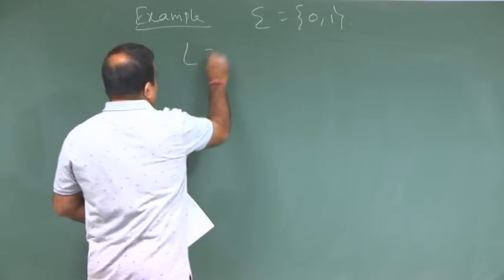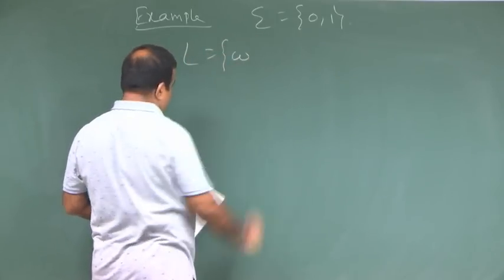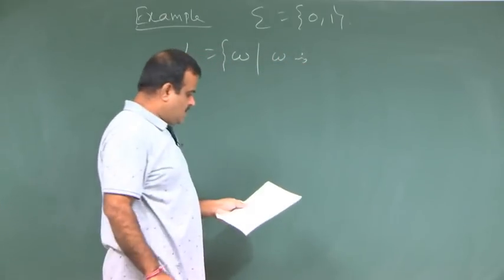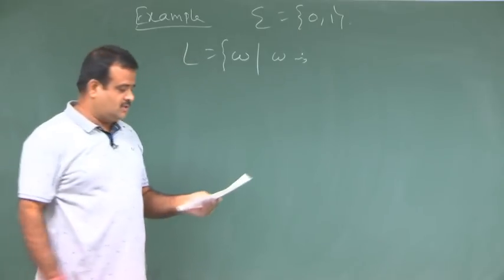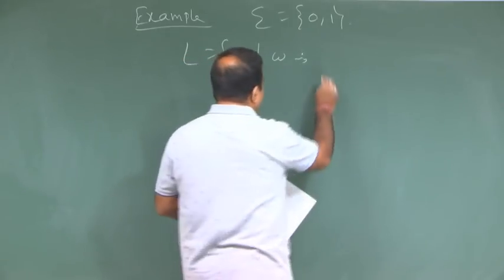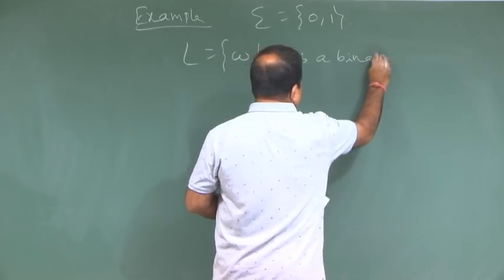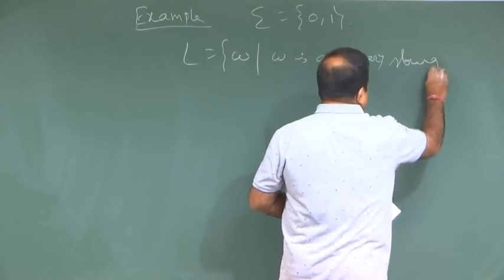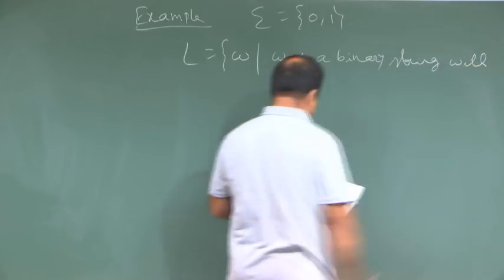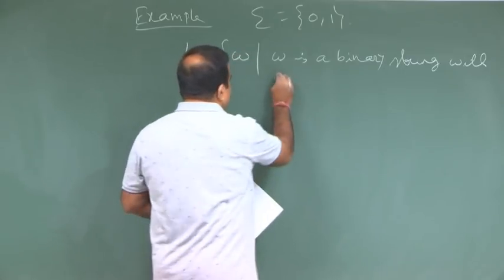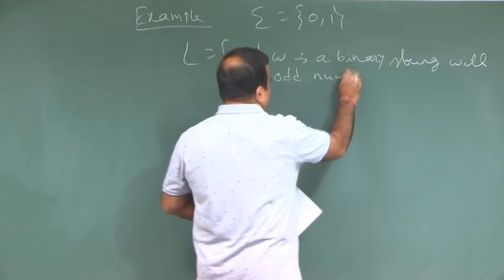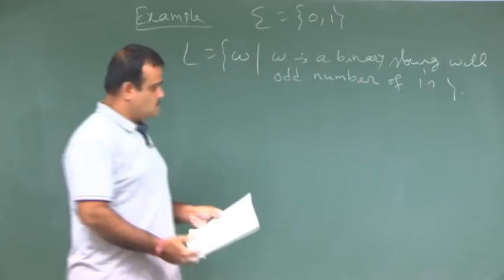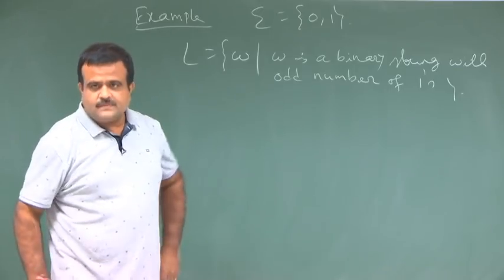Now, let us define some language W, which is the collection of all binary strings with an odd number of ones.